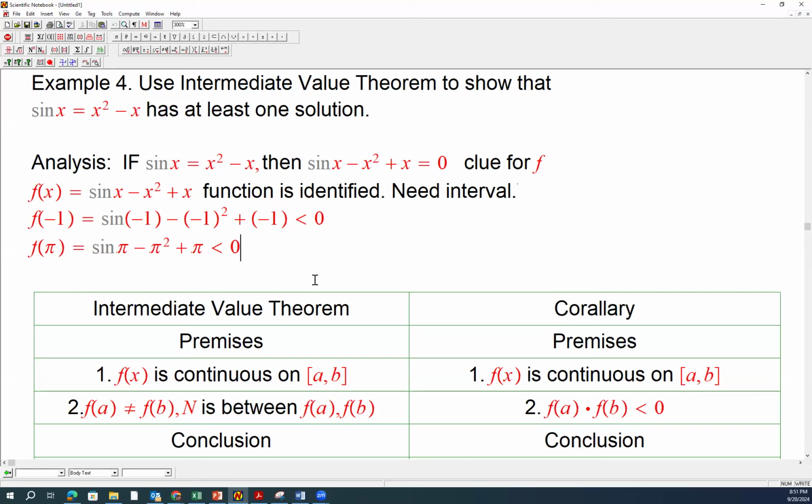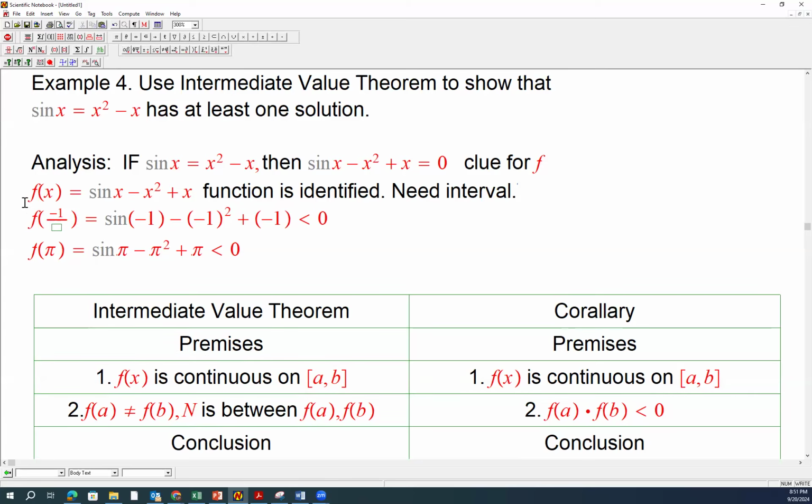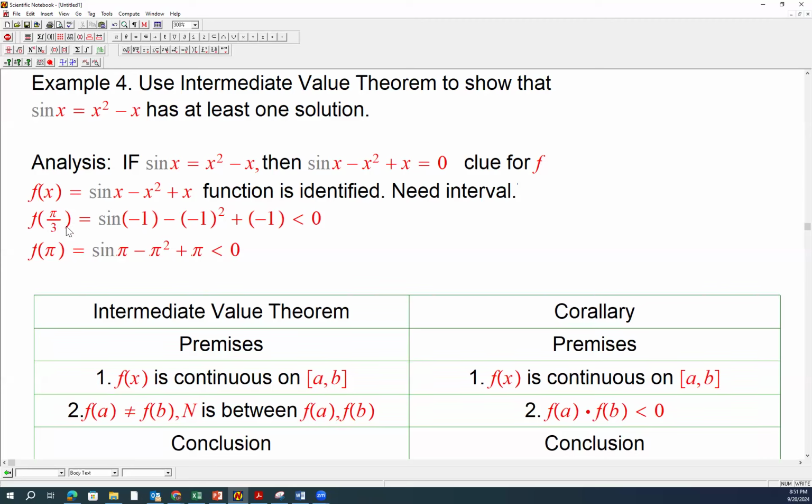And then what do we do? We still have to keep trying. They're both negative. That's not going to work. How about we choose pi over 3?